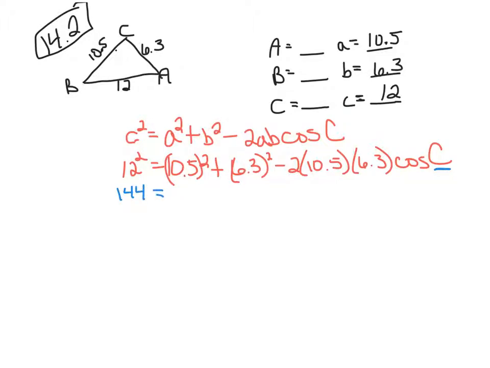144 equals 110.25 plus 39.7 minus 132.3 cosine C. That makes it a little easier to look at.